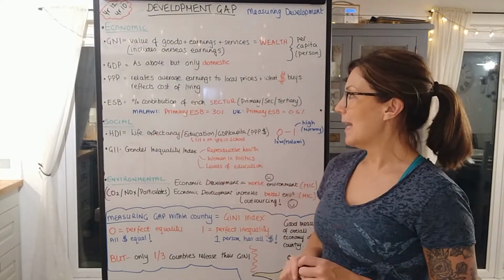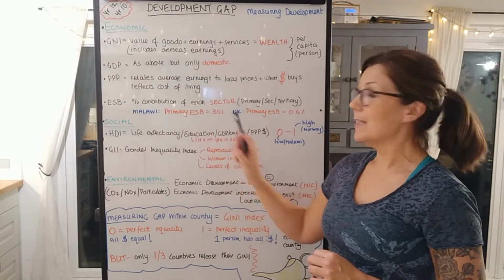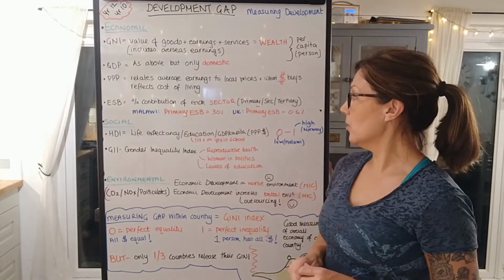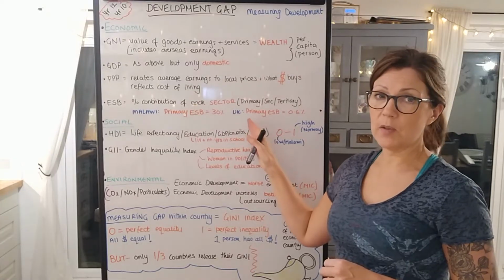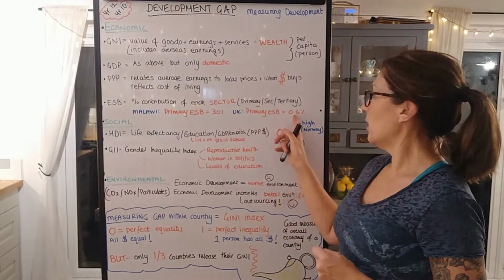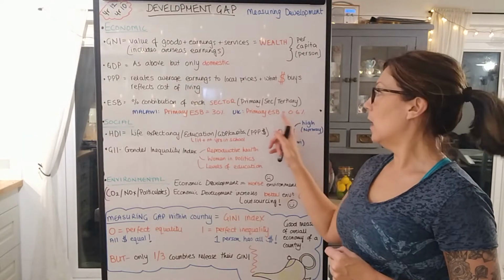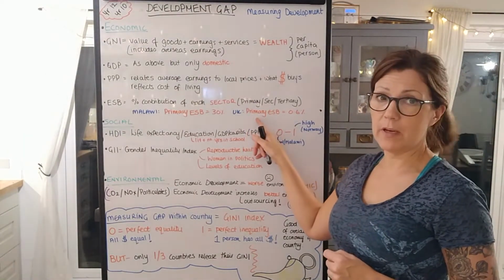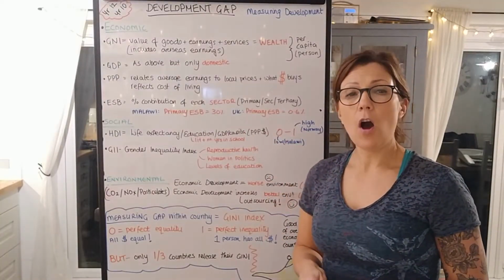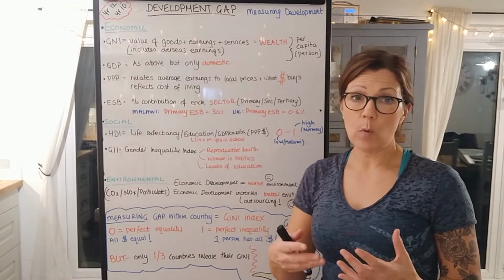Malawi's ESB for primary is 30%. It makes 30% of its money from primary products. The UK, however, because we are tertiary based with a little bit of manufacturing, only makes 0.6% of our ESB from primary production. So you can see there that this gives a good indication of whether the country is wealthy and where that wealth is coming from.